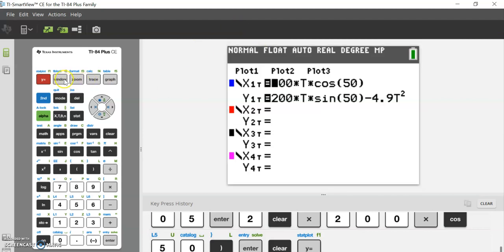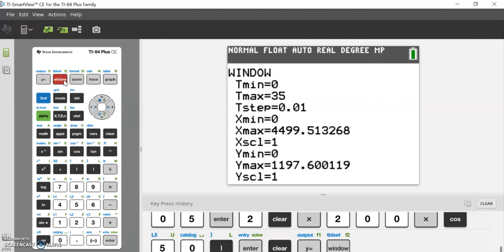Now that I've done the algebra, I can set my window. I can see that it takes 31.25 seconds to do this, so I'm going to set my t max to 35 seconds. My x min and y min I'm always setting to 0.